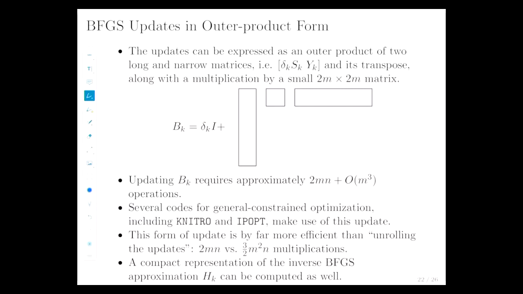You end up getting 2mn. The previous iteration had an n squared there. But now, by writing it like this, we get a smaller complexity. The previous method is called unrolling, because we keep rolling updates. Unrolling the updates. This is the comparison of complexities. So we reduce it by a factor of m.